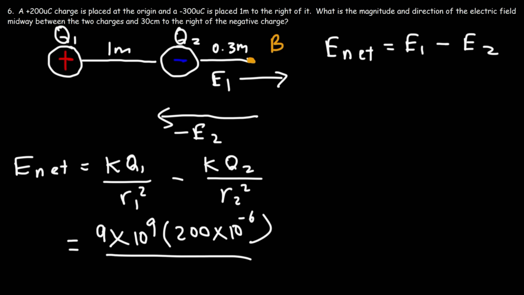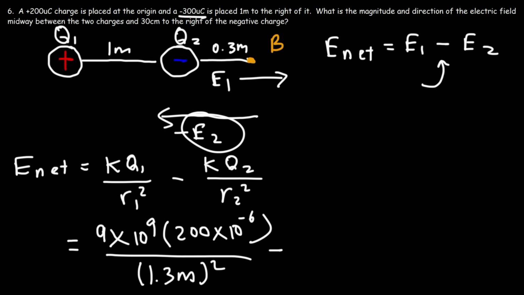Now R1 is the distance between Q1 and point B. So R1 is going to be the sum of 1 and 0.3. Thus R1 is 1.3 meters squared. And then minus. Now, because we've considered the direction of E2, we've assigned a negative value.